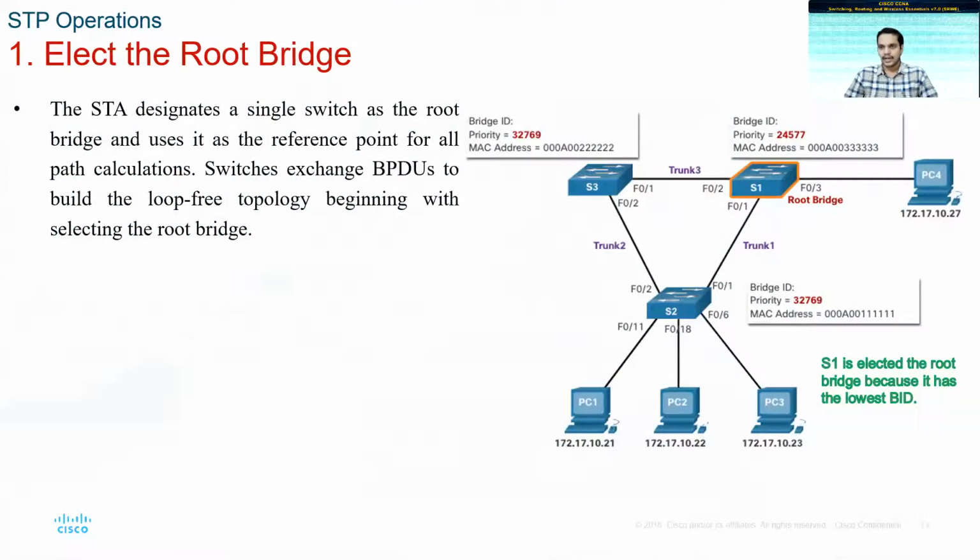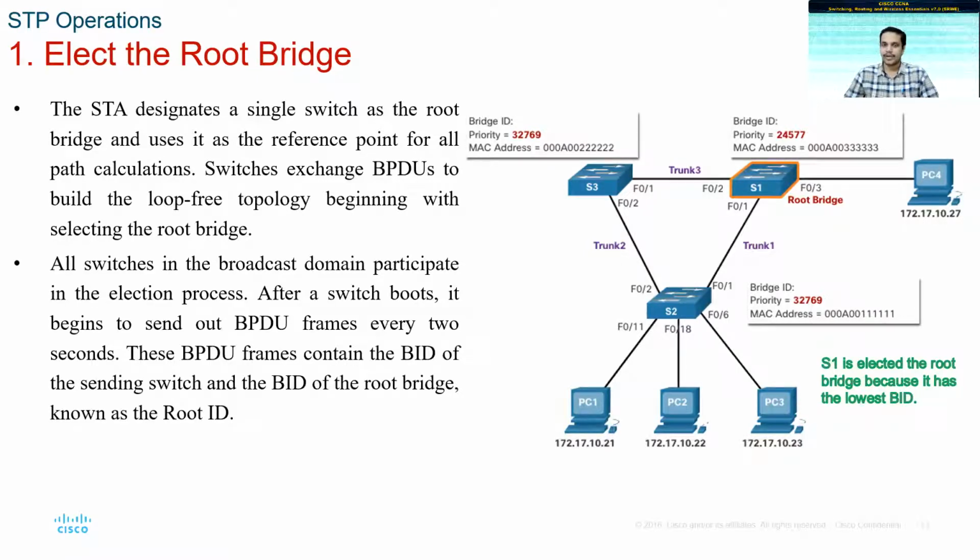Okay. So let us start our explanation with the first operation, electing the root bridge. Now consider this scenario. The STA designates a single switch as the root bridge and uses it as the reference point for all path calculations. The switches exchange BPDUs to build the loop-free topology, beginning with the selection of the root bridge.